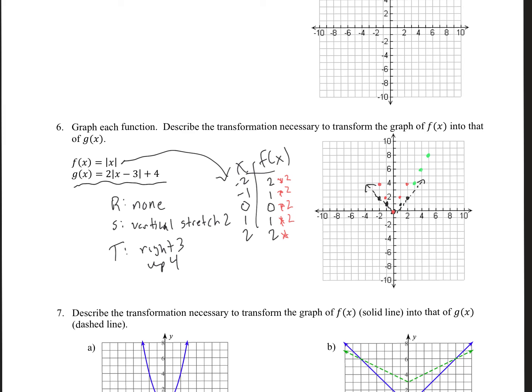And then this -1, 2: 1, 2, 3, 1, 2, 3, 4. And then this one's sitting there at -2, 4. Count over 3 to the right, 1, 2, 3, and up 4, 1, 2, 3, 4. And then I can connect my dots. And there it is.